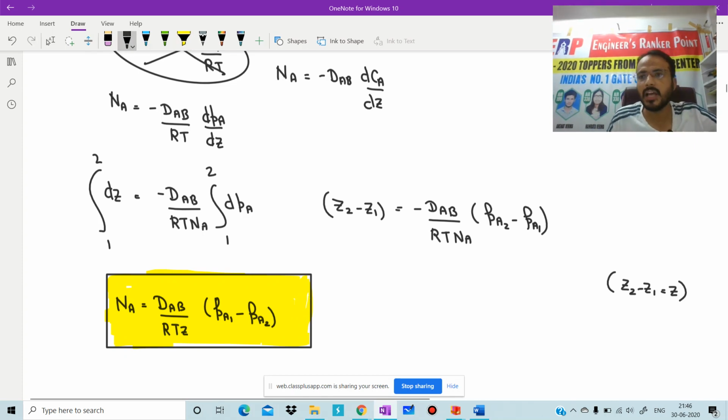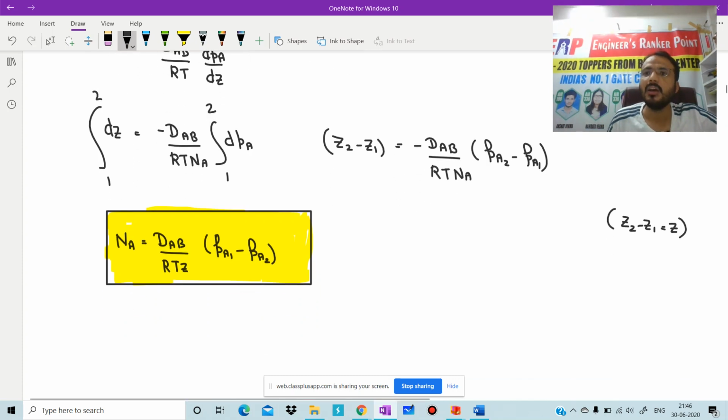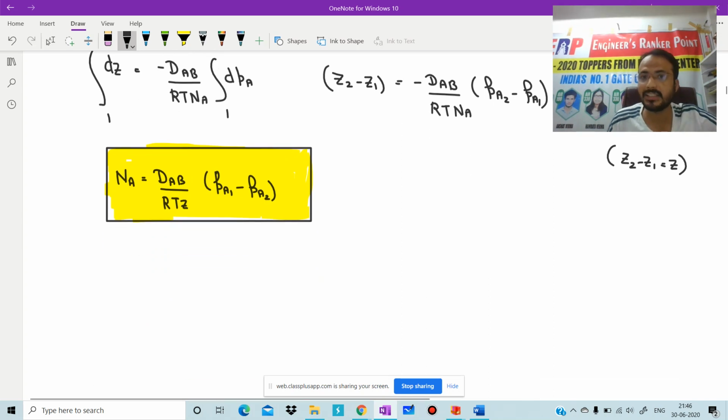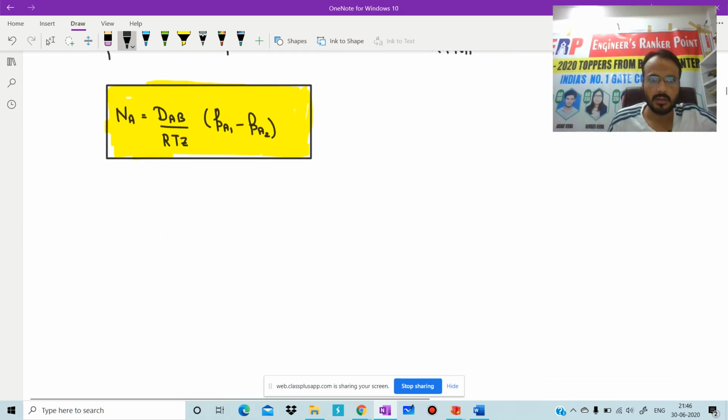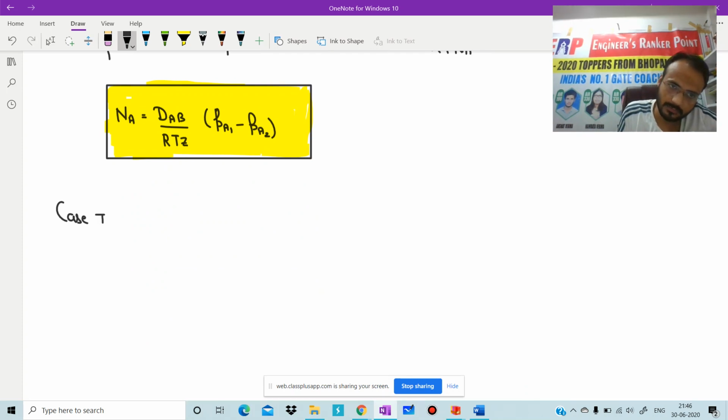Is it clear? Now we can take the ratio of these two cases because in GATE 2017 you got a 2 mark question from these concepts only. That's why these are very important concepts. Now we have discussed both cases. Case first was steady state diffusion of A through stagnant non-diffusing B. It means in that case NB is equal to 0 and the value of NA is equal to DAB P by RTZ into PA1 minus PA2 divided by PBM bar.